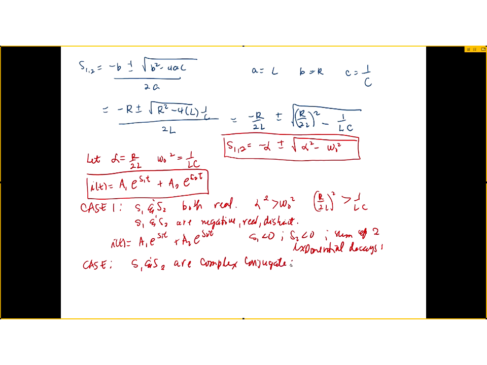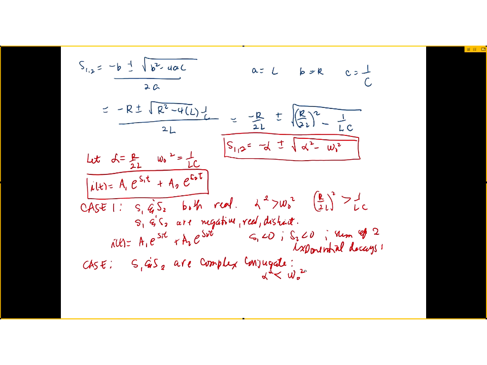When does that happen? When alpha squared is less than omega naught squared. Because the discriminant, the quantity inside the square root sign, is a negative number. When I take the square root of that, it's going to be imaginary. So I will have minus real plus or minus an imaginary number. That's going to be a complex conjugate.